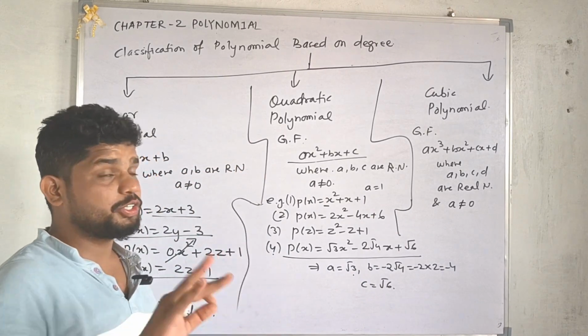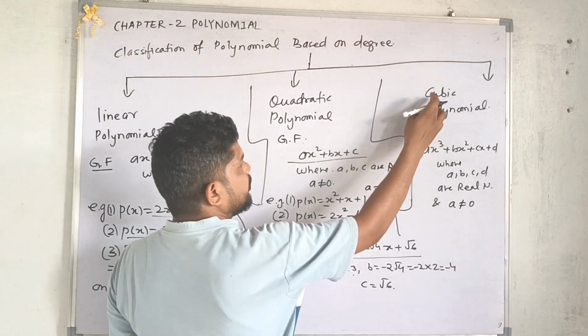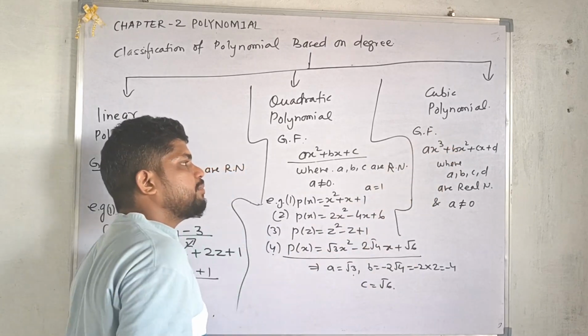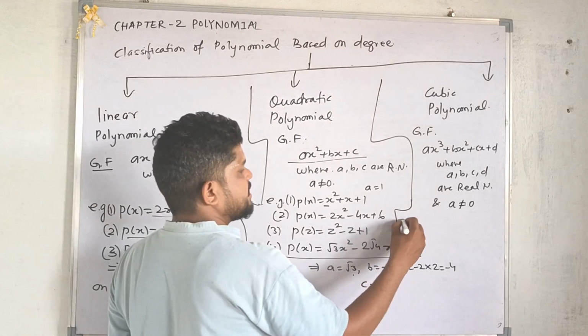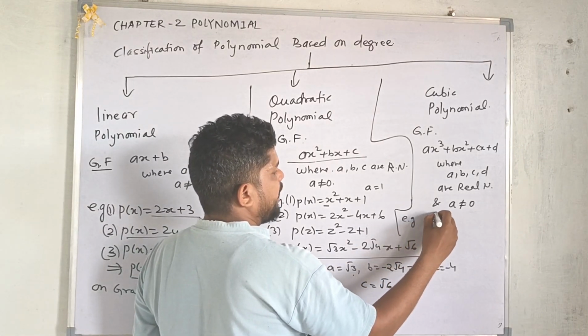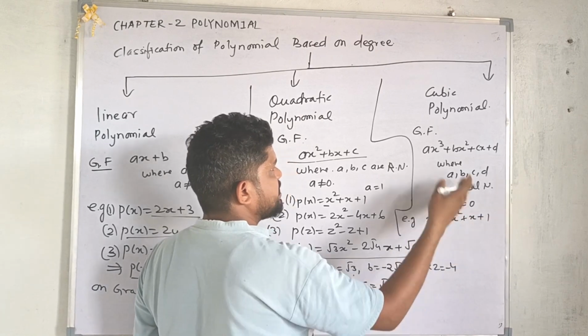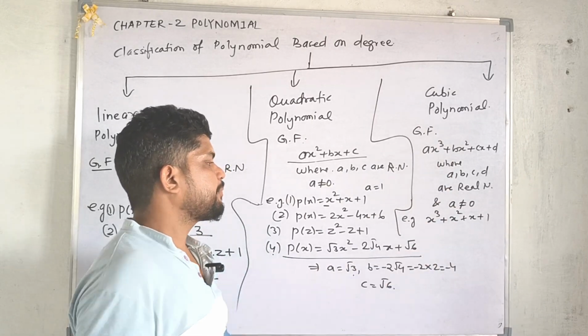It has been deleted after post-COVID. The cubic polynomial has the general formula ax cube plus bx square plus cx plus d, where a, b, c, d are real numbers and a is not equal to 0. Let us see an example like x cube plus x square plus x plus 1. This is an example of a cubic polynomial.